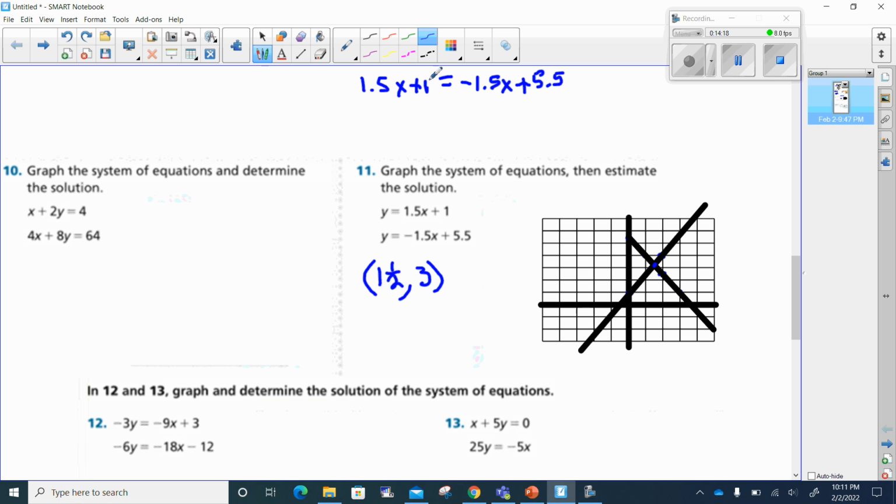When I go to solve this, let's go ahead and get our numbers first. I know that I'll have to subtract 1 from over here, which means I'll subtract 1 over here.